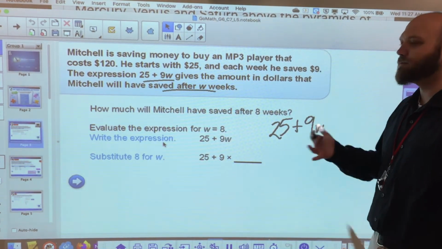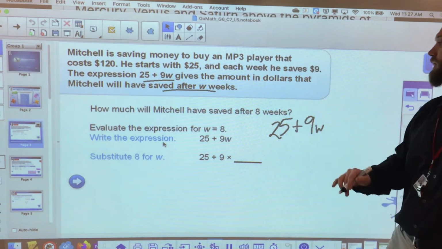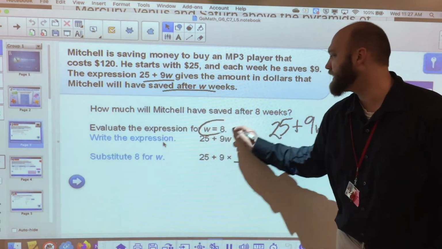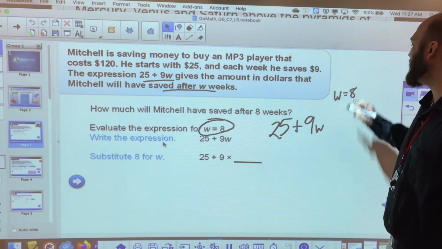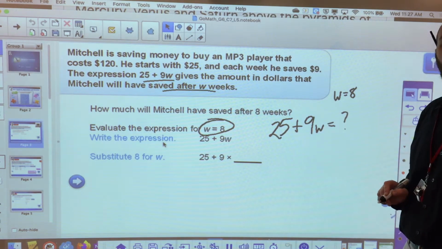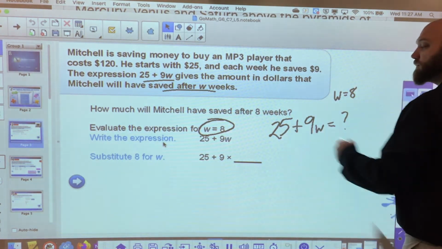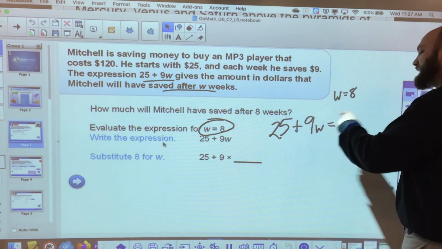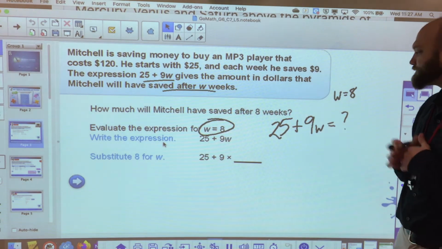So, how much has Mitchell saved after 8 weeks is our big question. Well, we know that W, it says right here, reading our directions, W equals 8. So, if I need to know how much he saved over 8 weeks, I know he started with $25, he added $9 times 8 weeks, and we get a total amount.